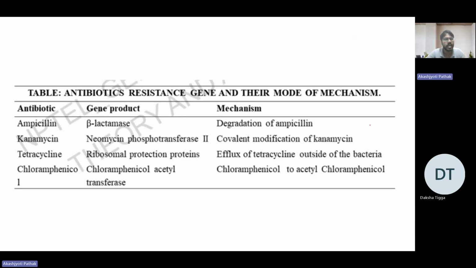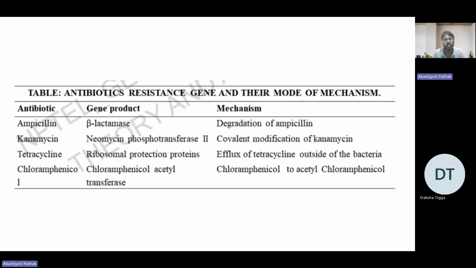Okay, so this is clear. Now remember all these things, some facts which you have to remember. For the ampicillin resistant gene, what is the gene product? It is beta lactamase. If a bacteria has the kanamycin resistant gene, what is the product?